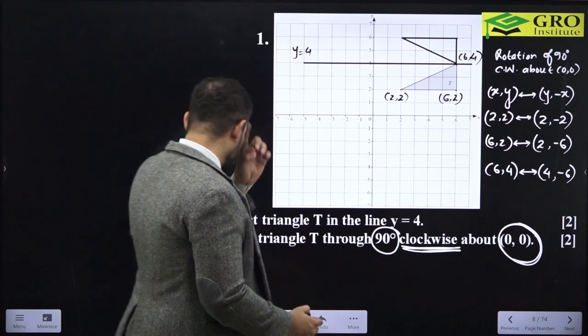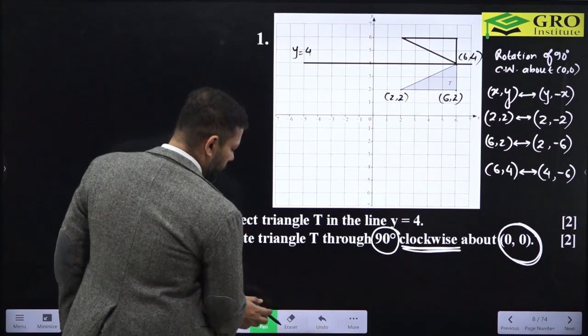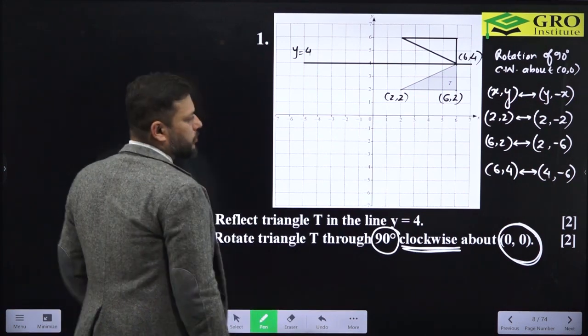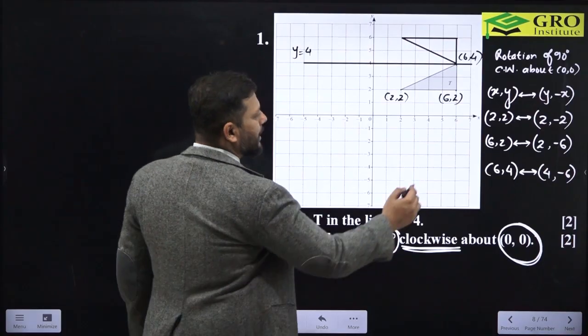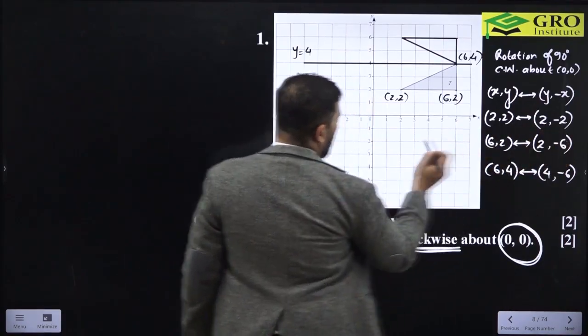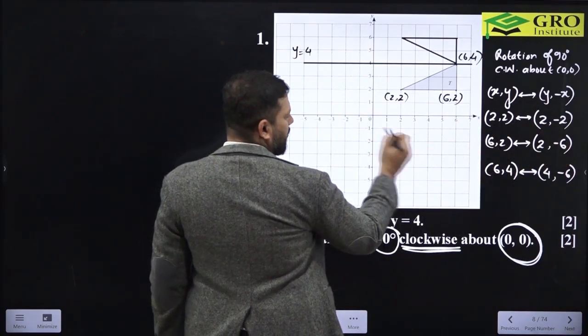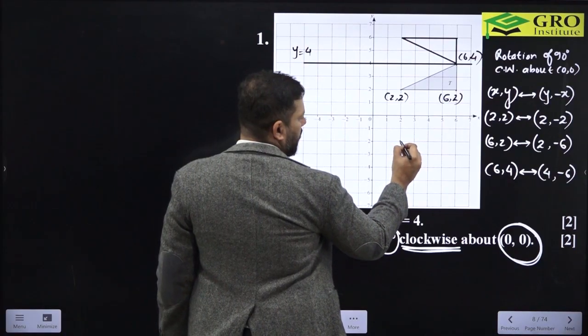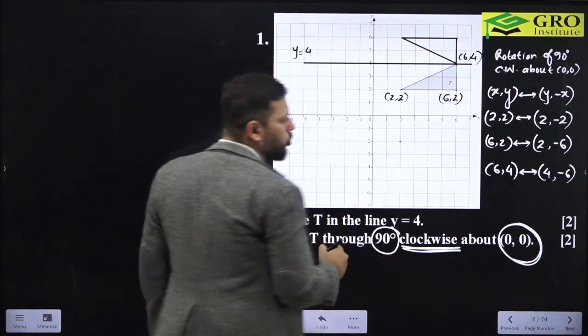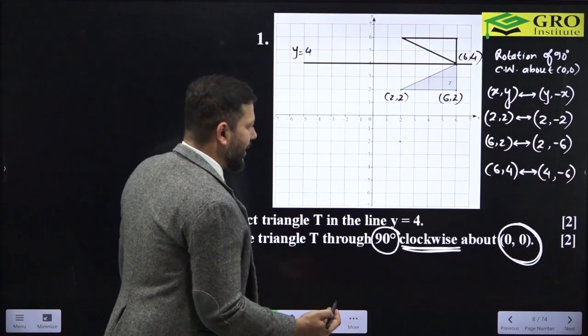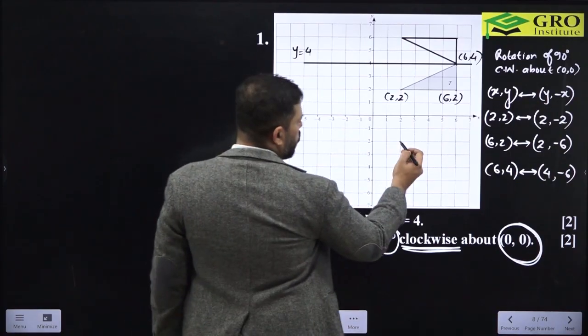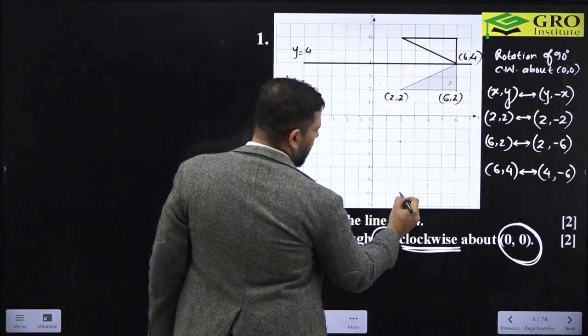Right? So let us plot it now. What is my first point? First point is (2, -2). (2, -2) would be x 2 and y -2. So it is somewhere here. Next is (2, -6). So (2, -6) will be here.